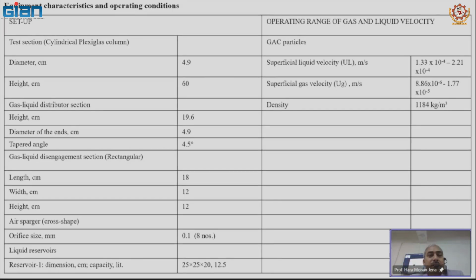So the diameter is 4.9 centimeter, height is of 60 centimeter, and other parameters as you see. Superficial liquid velocity used in the range of 1.33 into 10 to the power minus 4 to 2.21 into 10 to the power minus 4 meter per second. And superficial gas velocity, still less gas velocity is used, because liquid is the primary phase here, causing the fluidization, and air is supplied to maintain the oxygen level in the reactor.